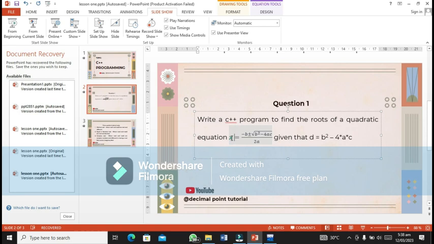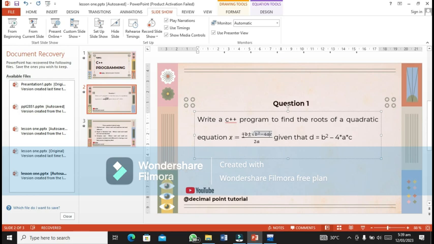Remember that the x here is representing two values, root 1 and root 2, as a quadratic equation. But on this side, we have three variables, right? A, B, and C, which are dependent on the user. The value depends on the user. So these are our variables, including the root 1 and the root 2, which is being represented by x.